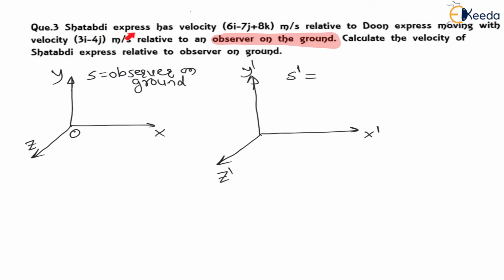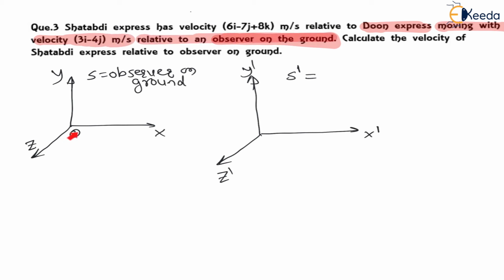See, a Shatabdi Express has a velocity 6i minus 7j plus 8k meter per second relative to Dune Express, moving with velocity, this is very important, Dune Express moving with velocity 3i minus 4j meter per second relative to the observer.